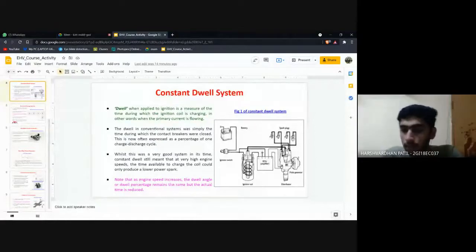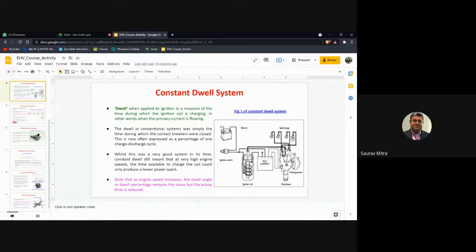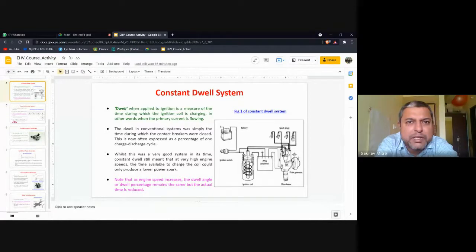Four, sir. Each cylinder is fired at a certain time, so that's why there are 4 spark plugs. The distributor is carrying the potential difference to 4 different cylinders at a specific timed interval. If there are 6 cylinders, in that case the distributor has to distribute among 6 different cylinders.